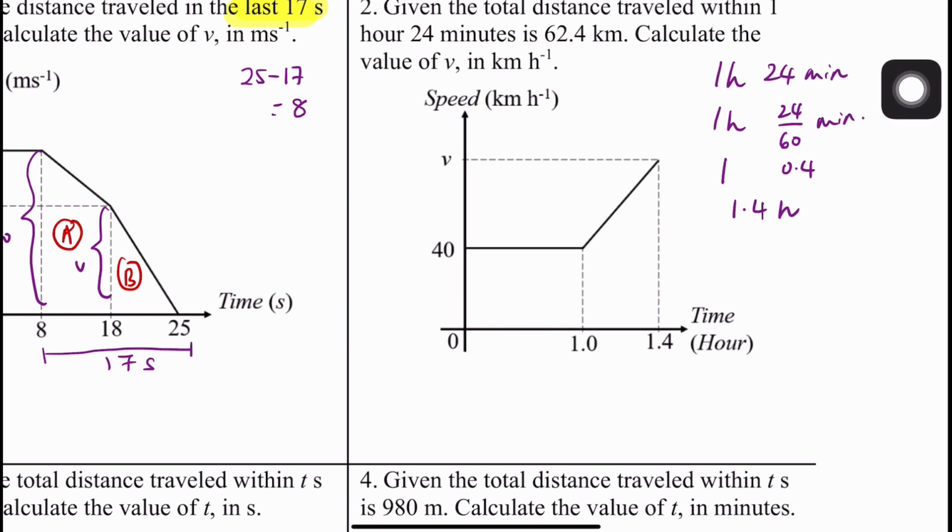So kita tulislah sini AB. So distance is equals to 62.4. So distance is actually A plus B, betul?